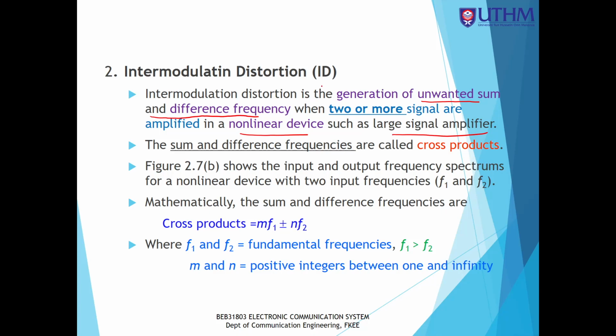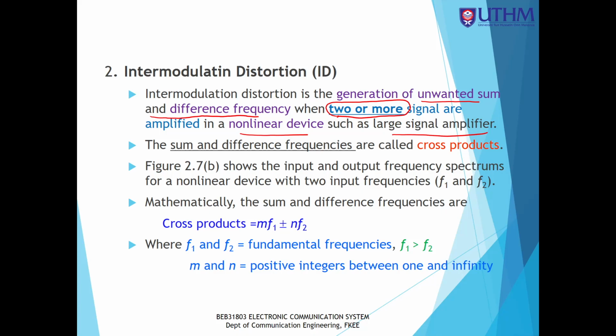So the keyword here is generation of unwanted sum and difference. When two or more signals, that means the input consists of two or more signals, not one.